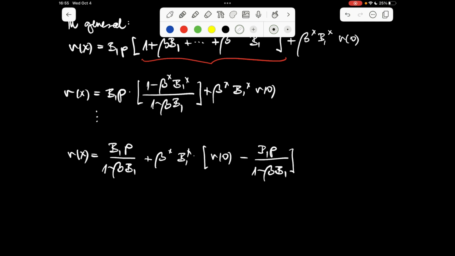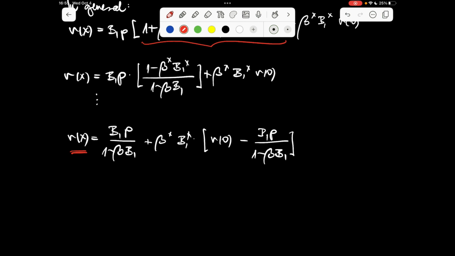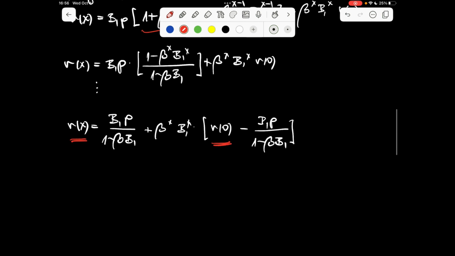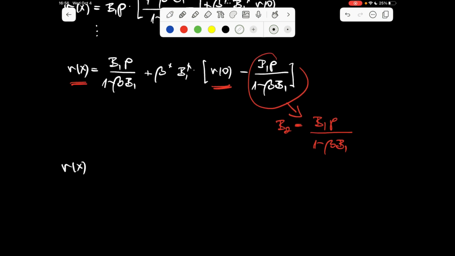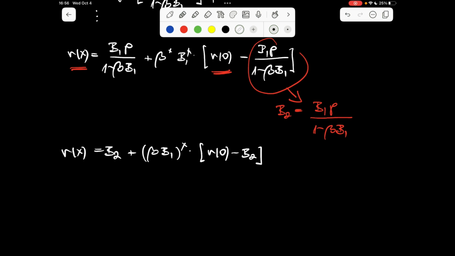Okay, so we have two value functions, the same value function at x and 0, and for simplicity, let's introduce another parameter and by using this new notation, okay, it is true of any x.